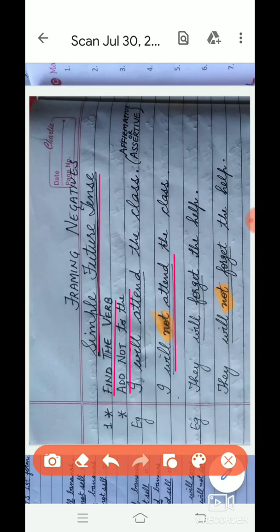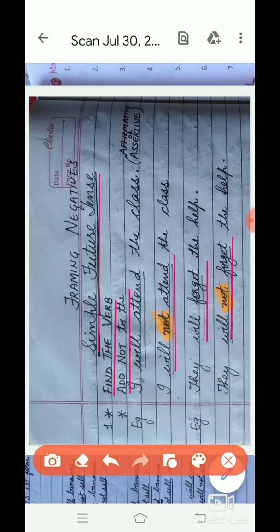Read the next example. They will forget the help. Here the verb is will forget. So this will forget will change into will not forget. I hope, children, this is also clear to you how to frame a negative in simple future tense.